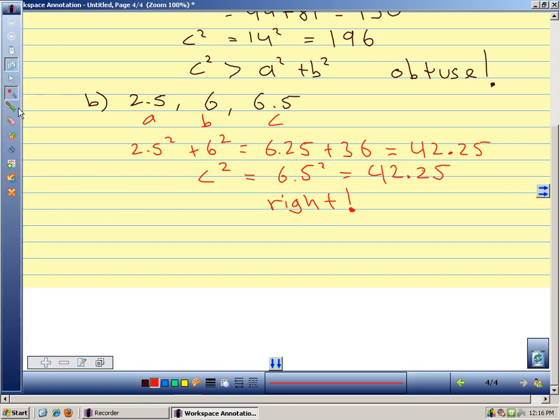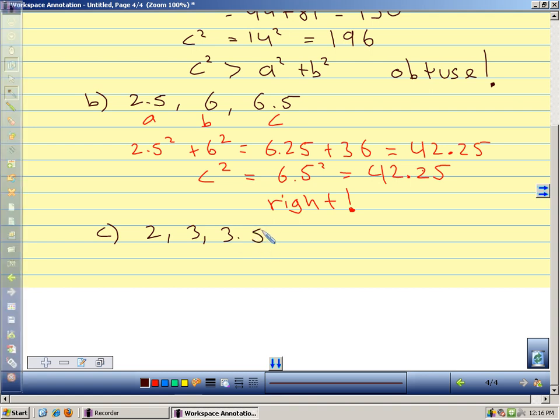Let's look at one more example. Our sides are 2, 3, and 3.5. Which side is C here? 3.5, the biggest.